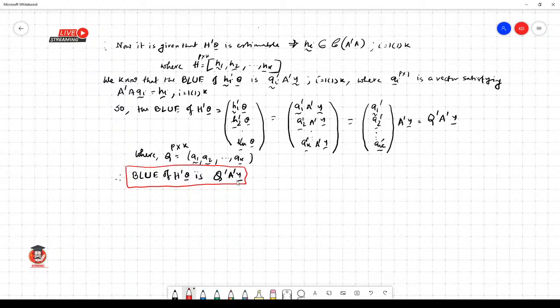Now AQ contains k independent vectors which are linear combinations of the columns of A. Why does AQ contain k independent vectors?